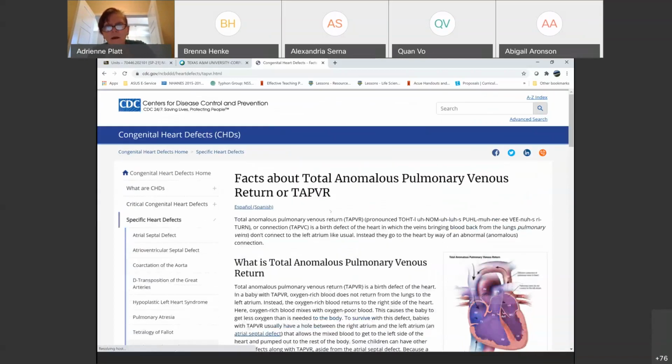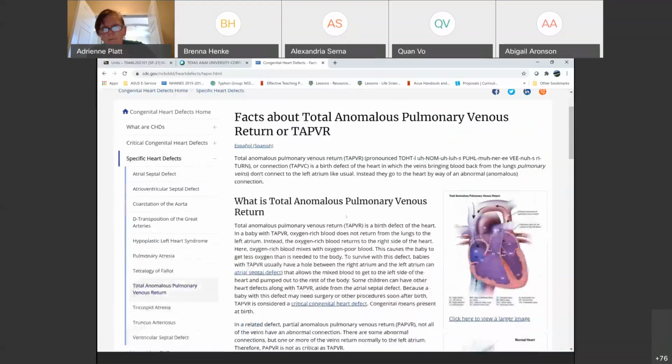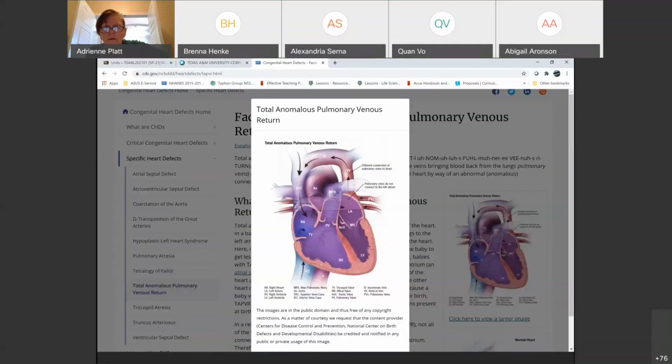Okay, TAPVR, they also have partial TAPVR. Total anomalous pulmonary vein return. They have an atrial septal defect. It's a critical congenital defect. I would not focus too much other than knowing this is where they're trying to fix it.